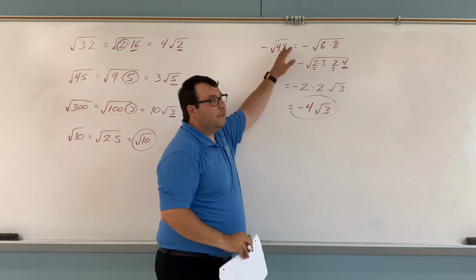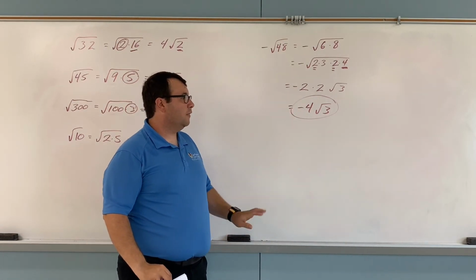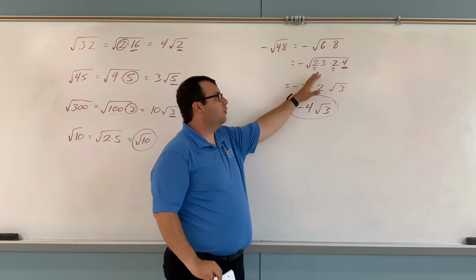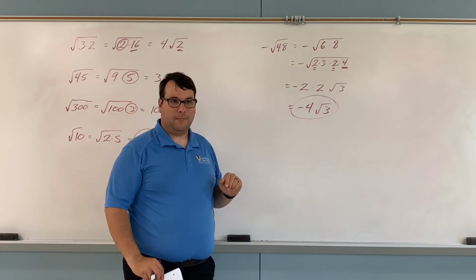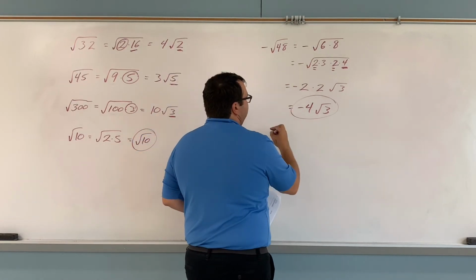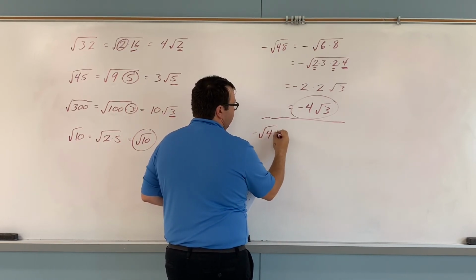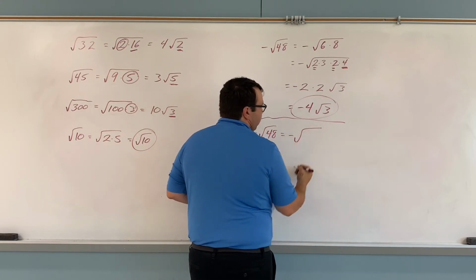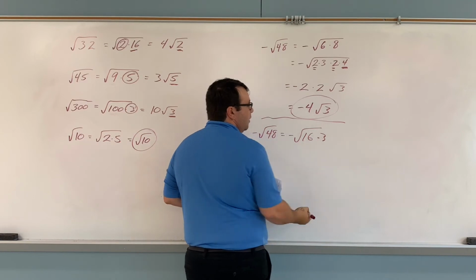And this is a perfectly acceptable way of doing it. Perfectly acceptable. Is it the easiest way? No. But this is how you could encounter a problem if you're not seeing the perfect square right off the bat. Now, if you were to look at the same exact problem, I'm going to rewrite it right here, negative square root of 48. If you were looking at this problem and you're like, hey, I see a perfect square of 16, and that's times 3.